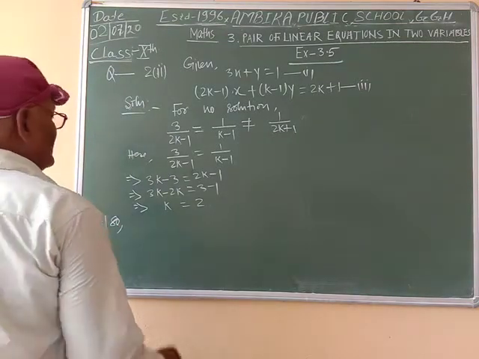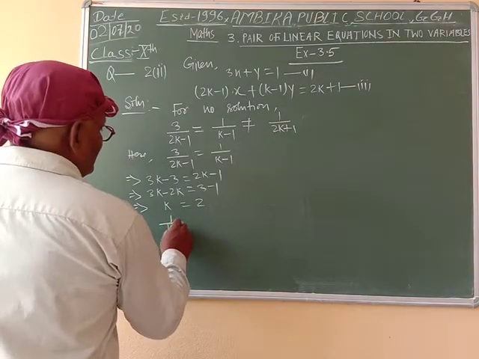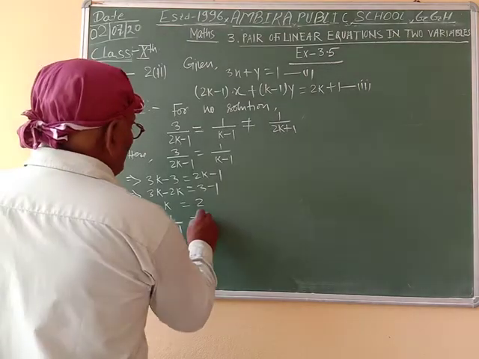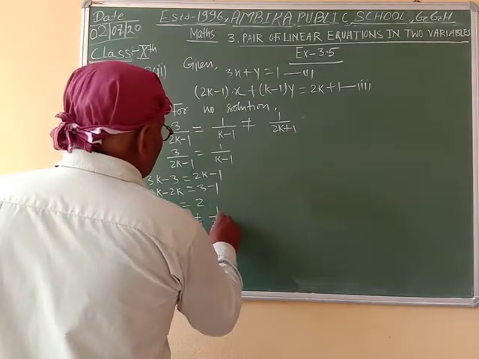Also we are given 1 by k minus 1 is not equal to 1 by 2k plus 1.